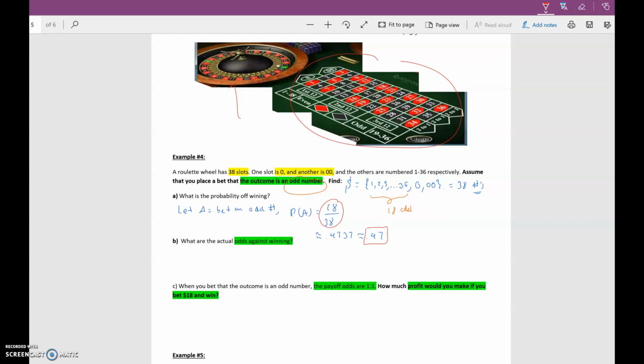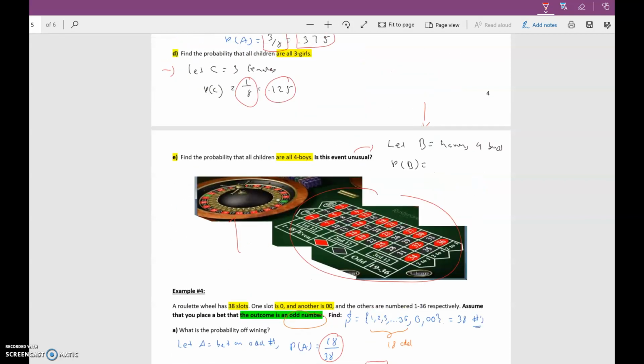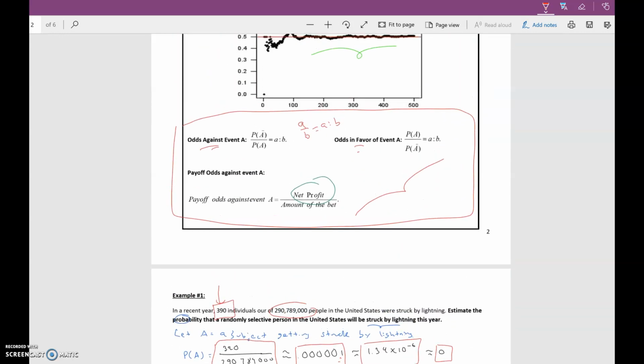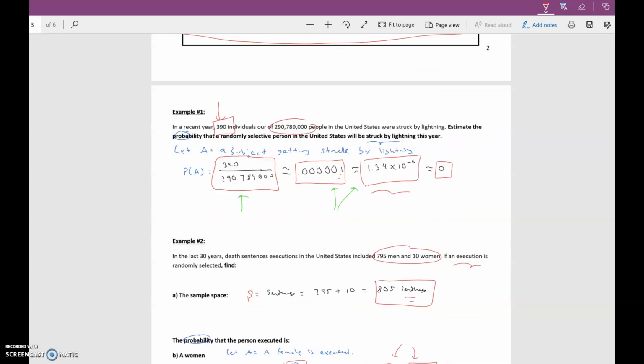Now, for part B, they want the odds against winning. They're not asking for the probability, they want the odds against winning, and in this case they want the following formula. Odds against the event is the event not occurring over the event occurring.